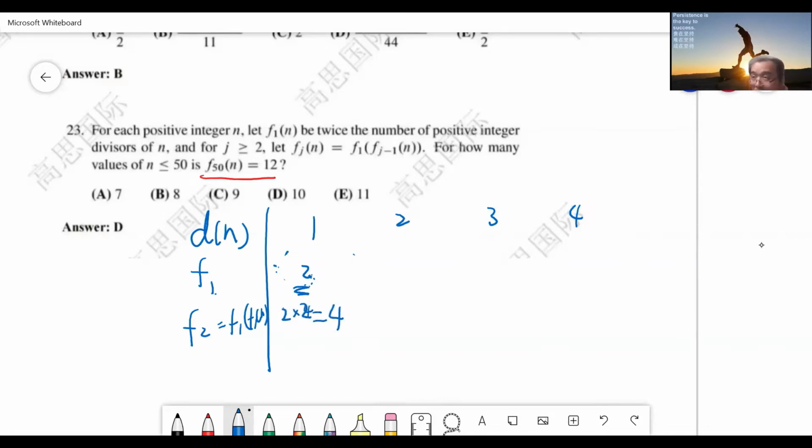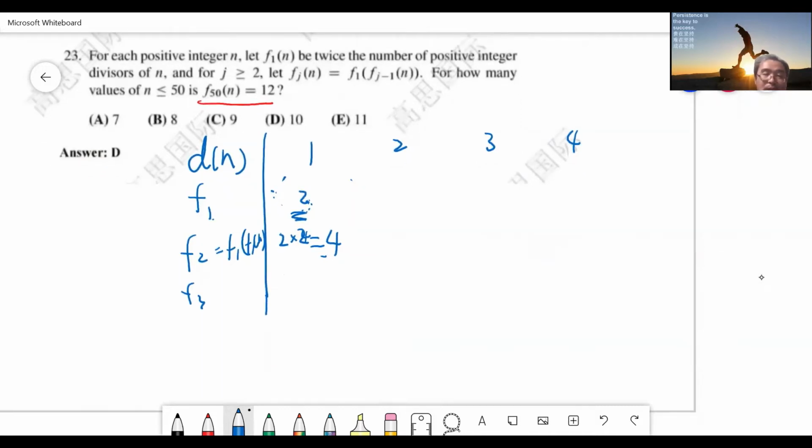Next we have f3 of this number. It has three divisors, so that's 2 times 3, which is 6. So continue, we have f4 of this.